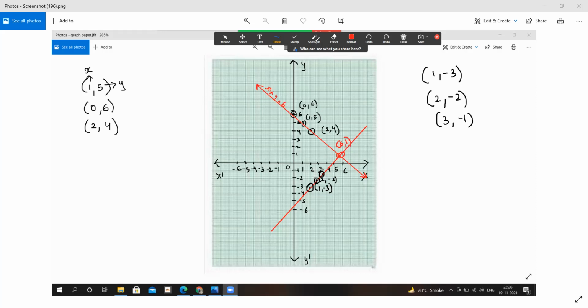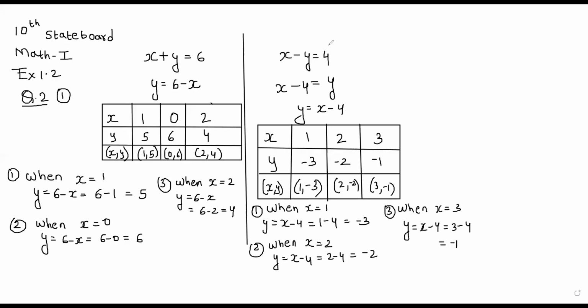So we are going to conclude our final answer as, since the point of intersection is 5 comma 1, therefore x is equal to 5 and y is equal to 1. So our final answer we will be writing here. There is always half to 1 mark for the final statement.